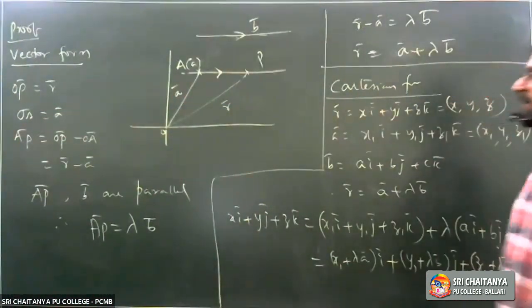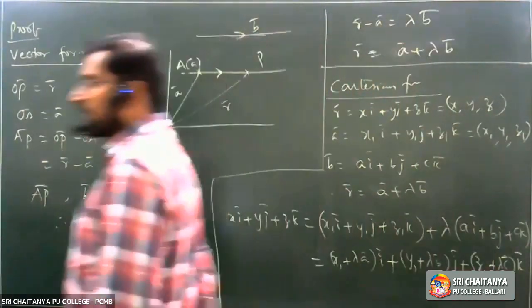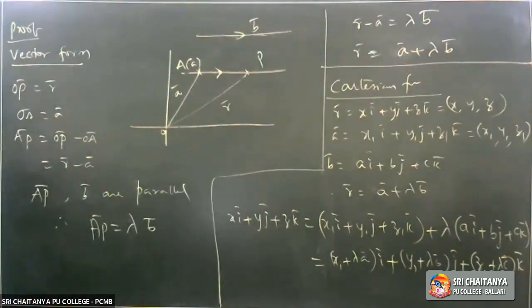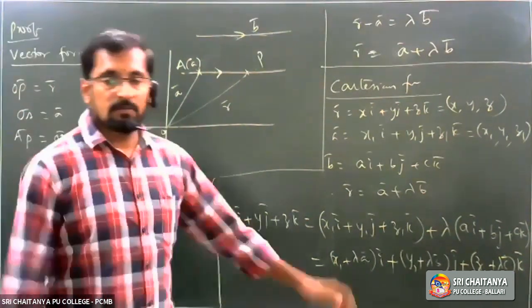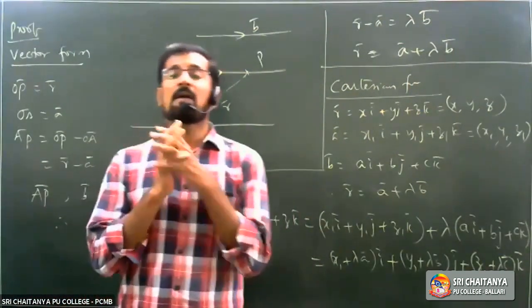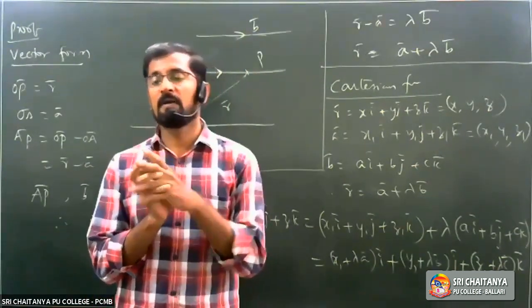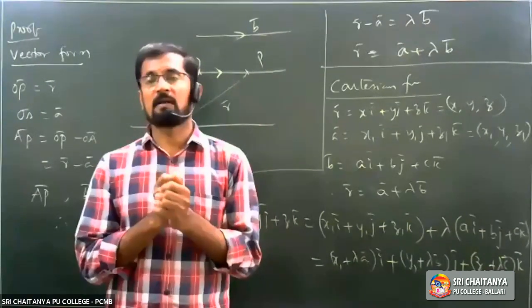Write down the side heading Cartesian form. I am going to discuss this Cartesian form once again. While you are writing the Cartesian form, first of all, you should write the vector form.